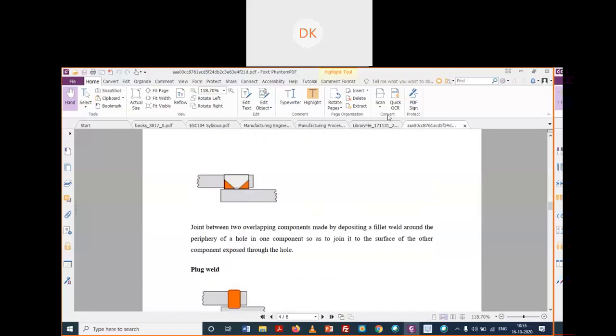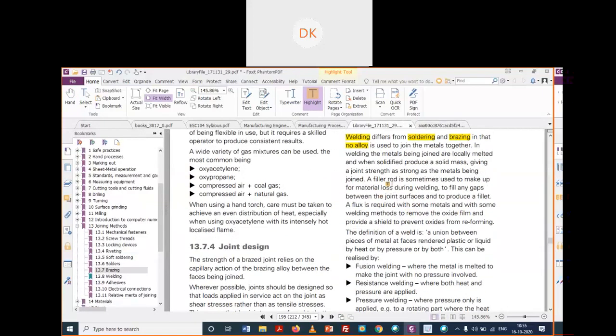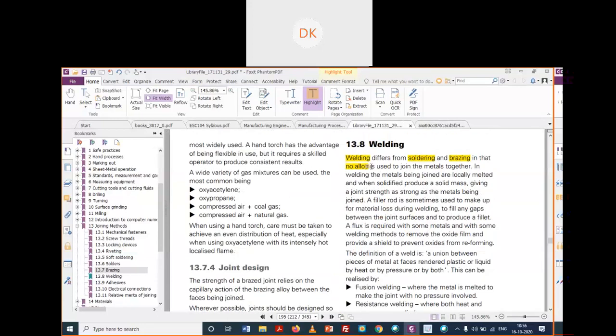From that, we'll come to know about different kinds of welding processes. In the welding process, no external material has been used to join the base material. But in case of soldering or brazing, the solder material goes into the base material to join it, and you have to replace the soldering material over time, because it is deposited in the base material to join it. Similar is the case with brazing. But in welding, there is no other joining material.